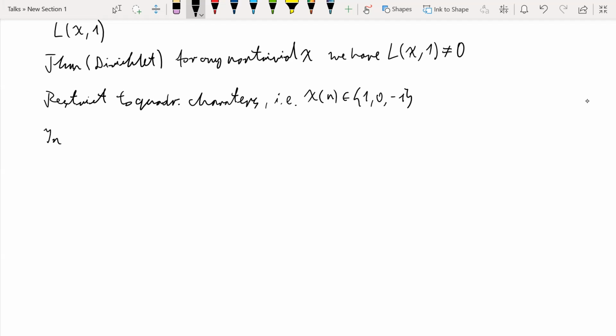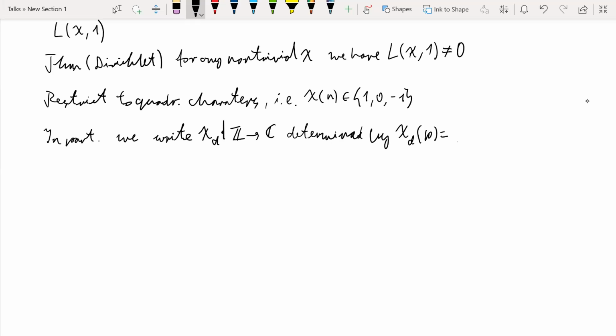So chi d of a prime p is supposed to be the value of d on p.